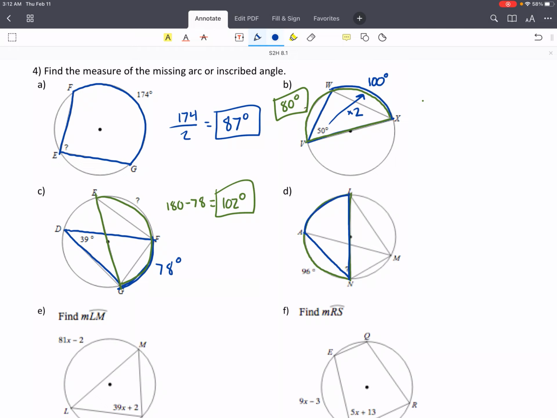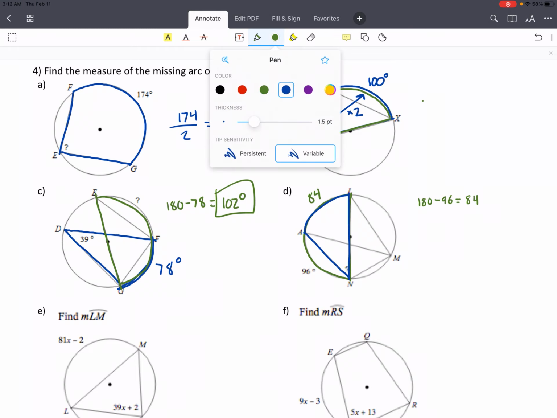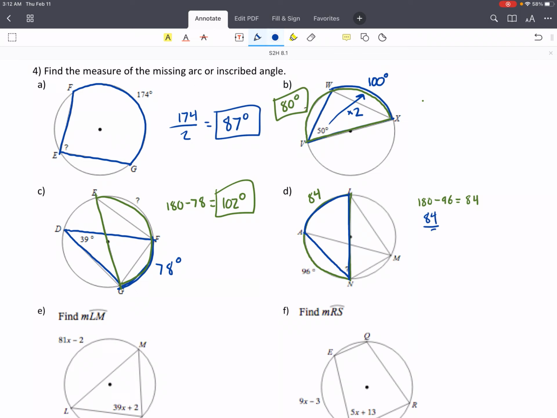So I can use the diameter to do 180 minus 96, get 84. And now I can do 84 divided by 2 to get 42 degrees.